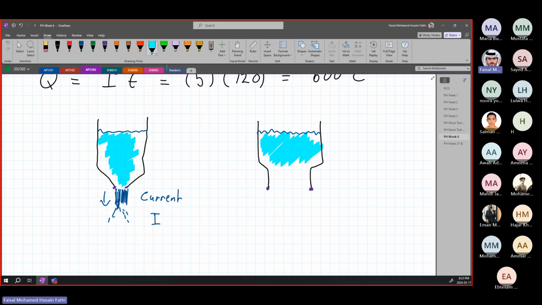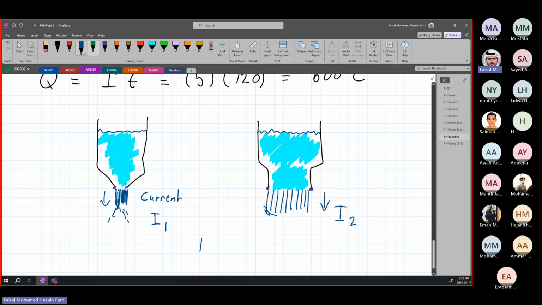The only difference is that the opening has become larger. Now we have much more current flowing, a larger amount of water, or in our case a larger flow of electricity. This current we'll call I2, and the first one I1. So I2 is much larger than I1.